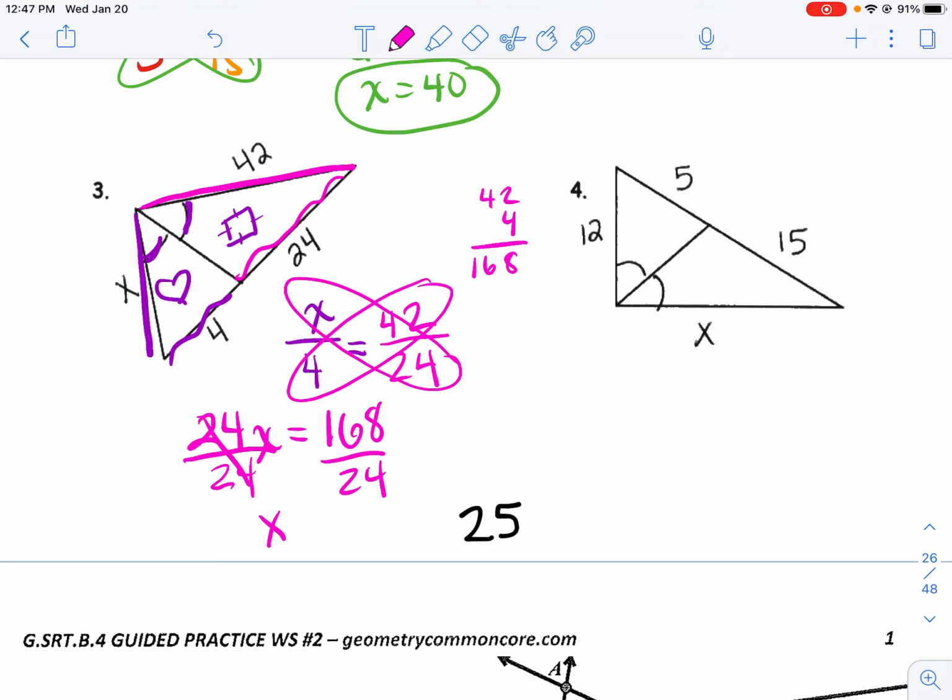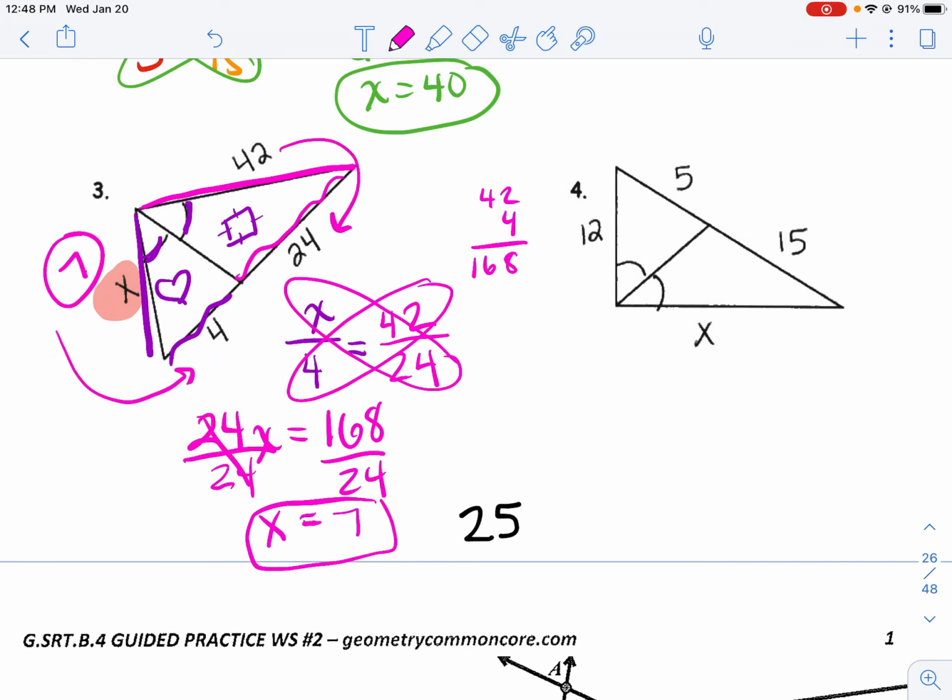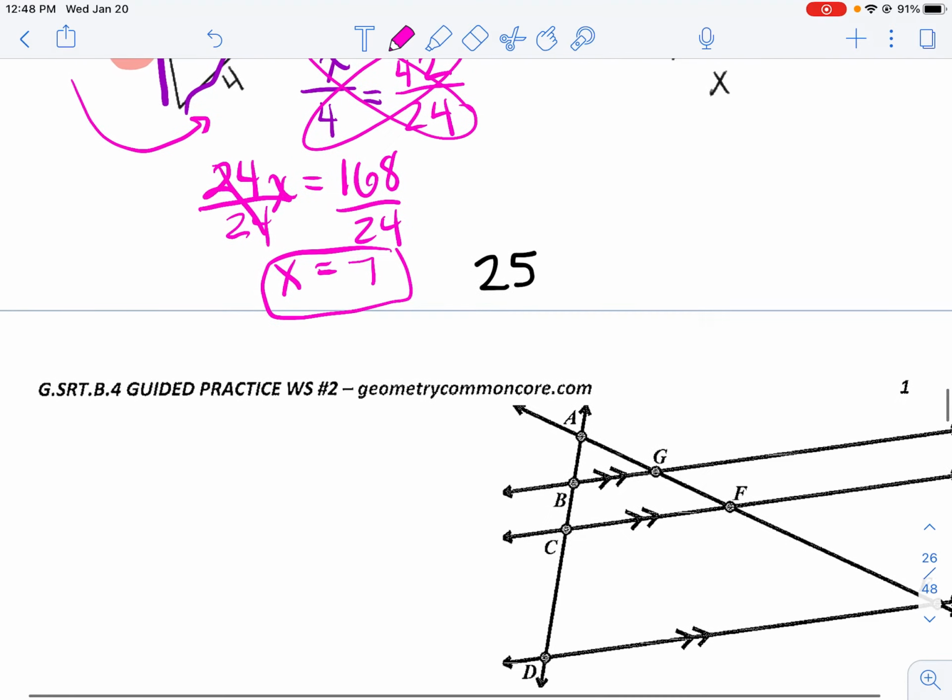So 168 divided by 24 is good old 7. So let's just check our work. Again, part of this lesson for our purposes is to make sure, does this make sense? Here's my x. I'm going to just put a 7 in here. Does that make sense? From 7 to 4, 42 to 24. Yeah, that seems reasonable. Again, not a negative, not like a crazy big number.